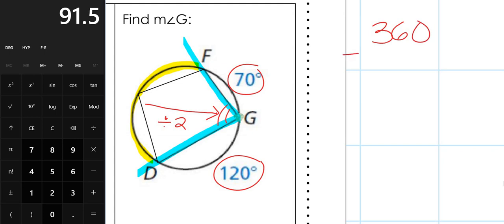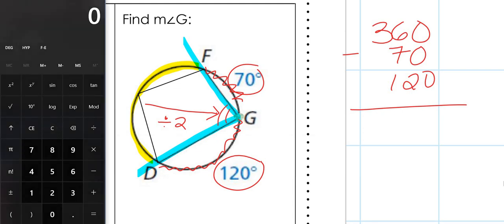If I subtract 70 and I subtract 120, take them away from 360, all I'm left with is the yellow portion that I want. So let me do that on the calculator. 360 minus 70 minus 120 equals. Okay, so 170 degrees is the measure of the yellow arc.